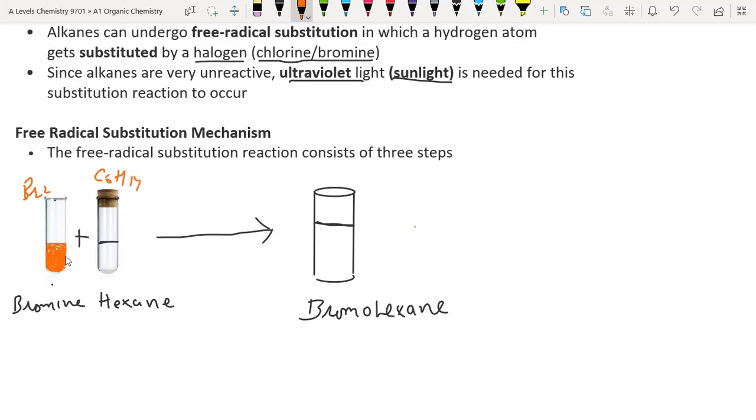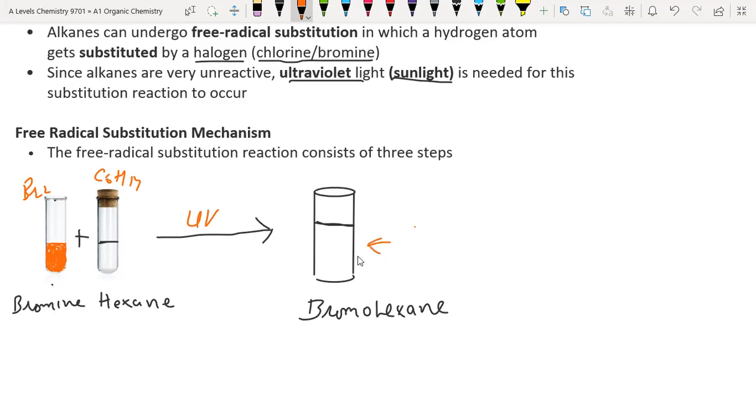When this solution is mixed but not placed in ultraviolet radiation, no reaction will take place. Bromine will color this solution like its own color. But in the presence of ultraviolet radiation, bromine will break down and substitute hydrogen step by step in the solution.